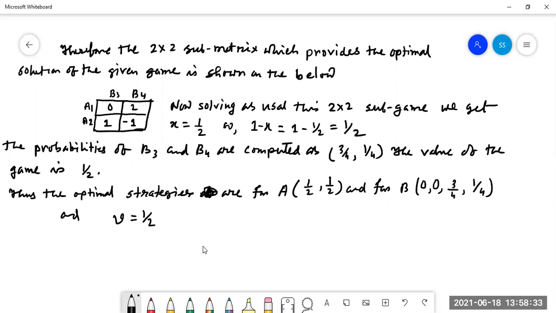Actually we know that the sum of all probabilities is equal to 1. For strategy A, that is the summation of A1 plus A2: A1 equal to half plus A2 equal to half equals 1.